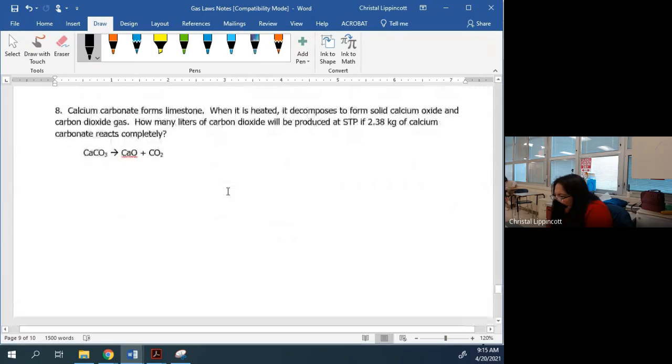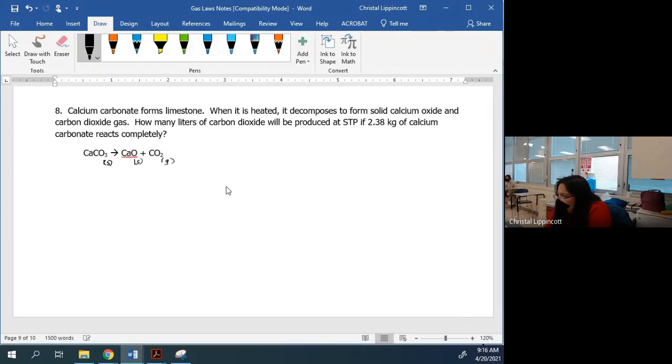All right, calcium carbonate is limestone, and when it's heated it decomposes to form solid calcium oxide and carbon dioxide gas. So this is a solid, and this is a gas.